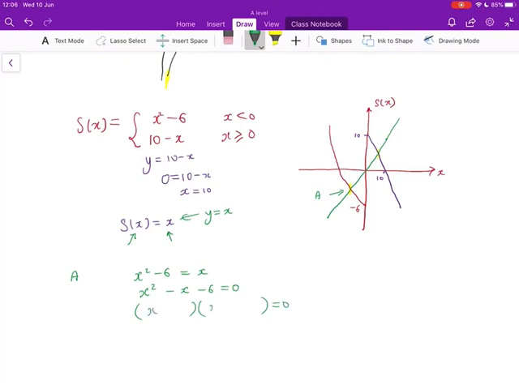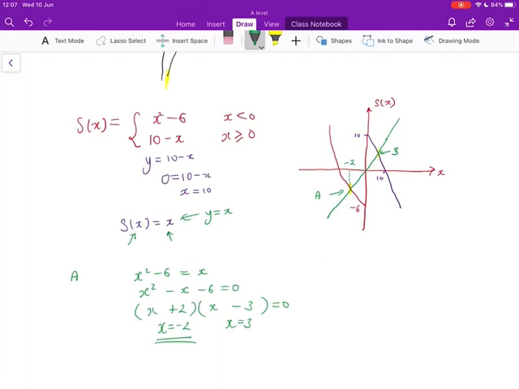And then you can see if you can factorise that. And that gives you two solutions. Either x is minus 2 or x equals 3. But we can clearly see from the graph, x can't be 3. So it must be this solution that we're looking at for that one.